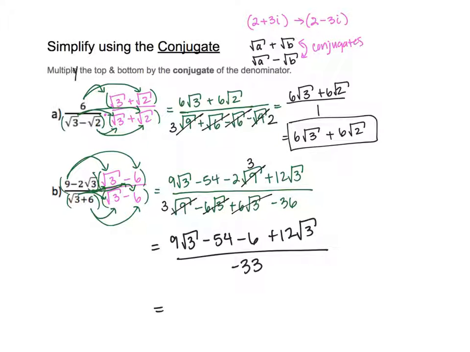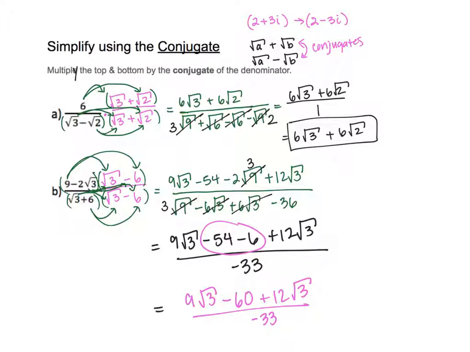Okay, so these two are both numbers, right? So negative 54 minus 6 is going to be negative 60, right? And then I'm going to bring down my 9 square root of 3 plus 12 square root of 3 over negative 33.